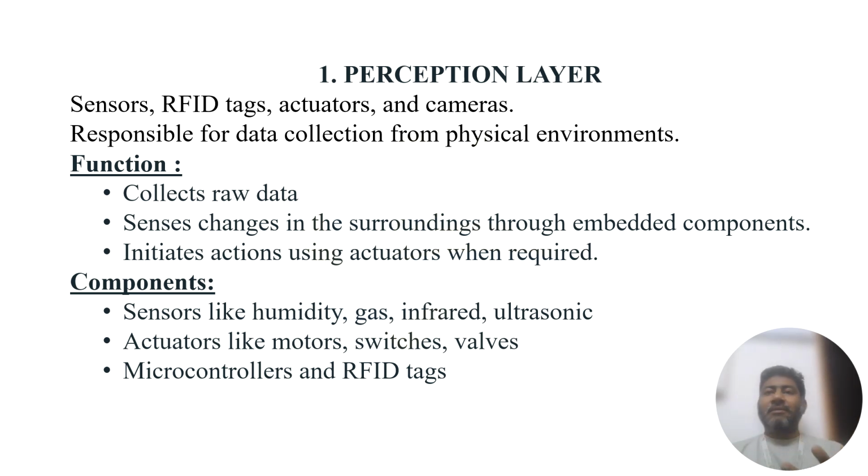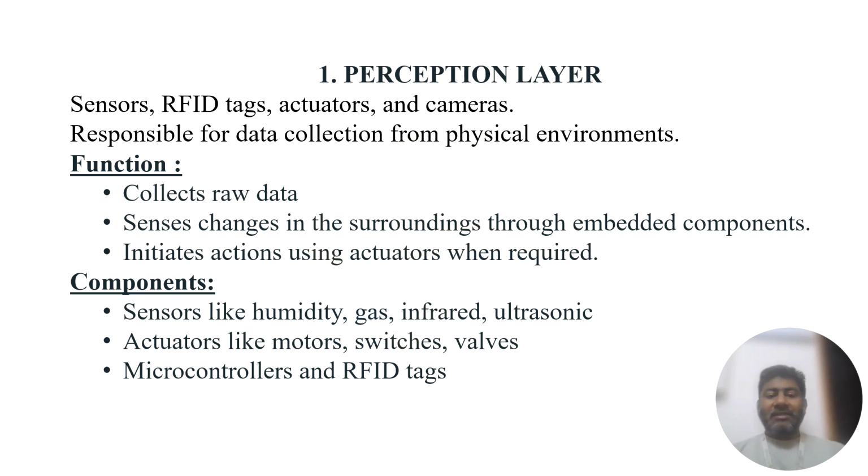Let's say, for example, carbon monoxide sensors will be placed in caravans so that you don't get carbon monoxide poisoning. It senses carbon monoxide in your atmospheric level, and then it will either be connected to an alarm or a device. So it will send all this data to those.